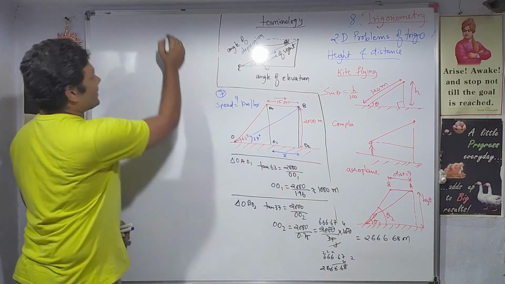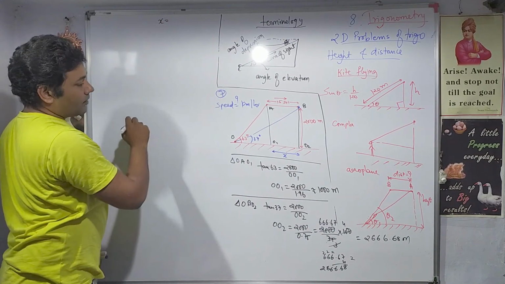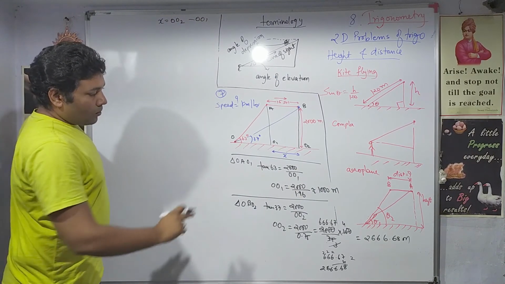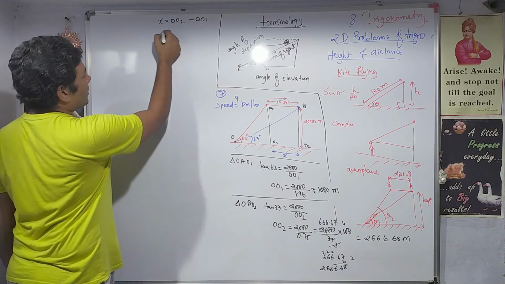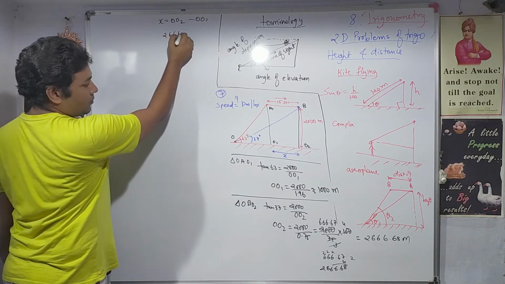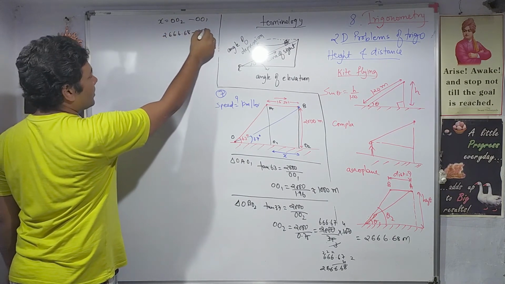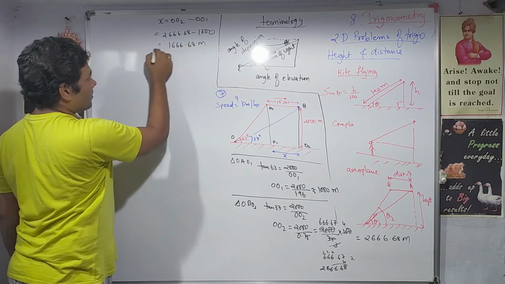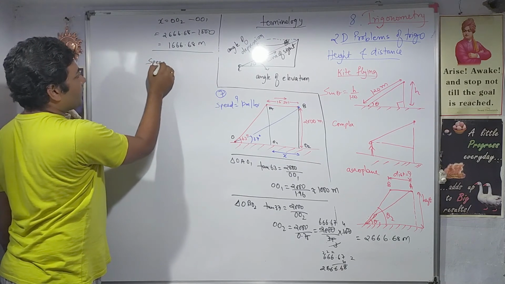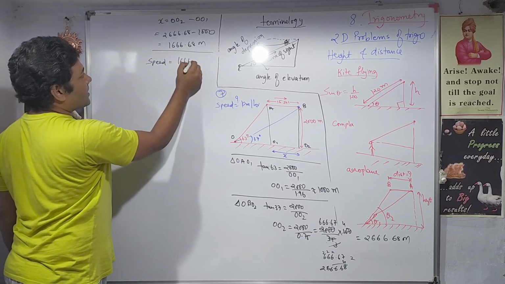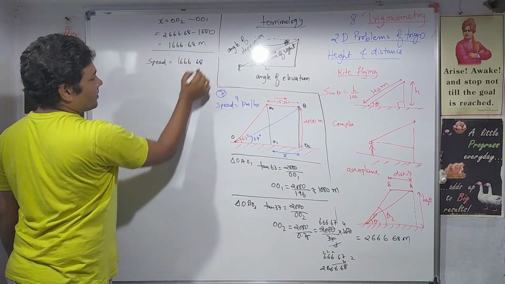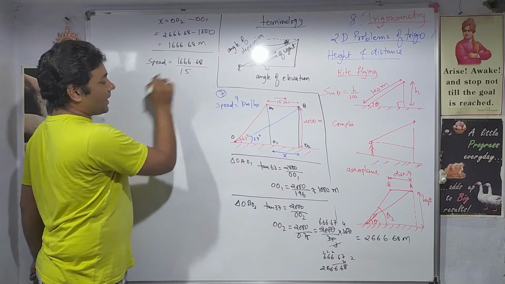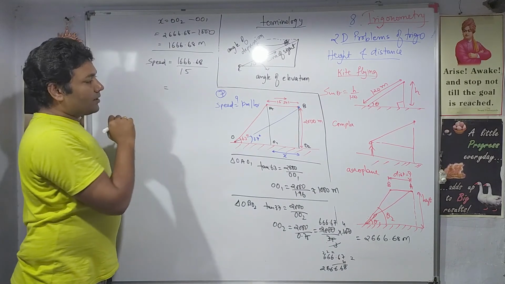Now the required distance I will calculate. That will be OO2 minus OO1. OO2, its value is 2666.68 minus 1000. So that will give you 1666.68 meters. Now speed will be distance upon time. The distance is in meters and the time is 15 seconds, so this will give you the value in meters per second.